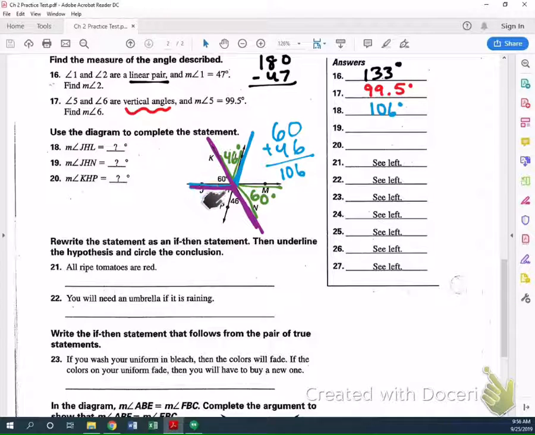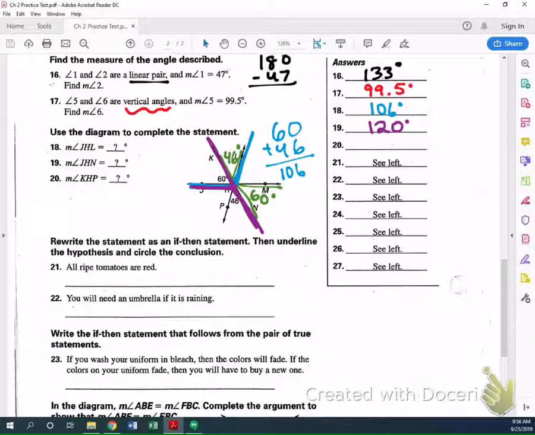They want me to find the rest of it. So if I do 180 minus 60, that should give me how much is left for over here. 120. That is a tricky problem. That one even took me a second. What's that for, 18 or 19? 19. Oh. That was for 19.